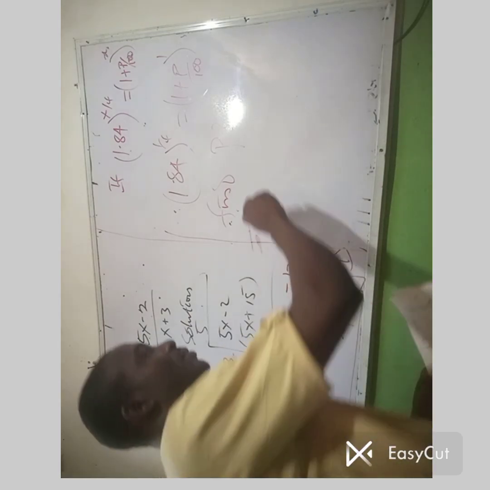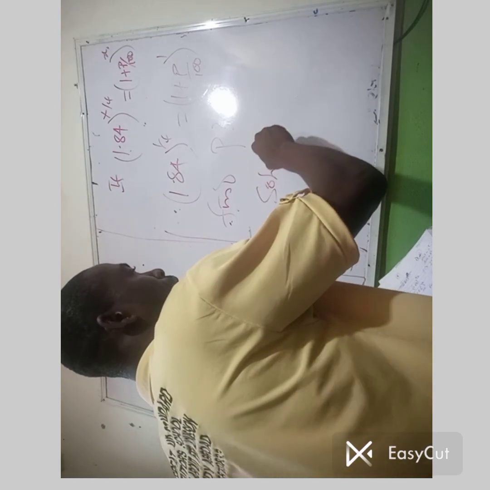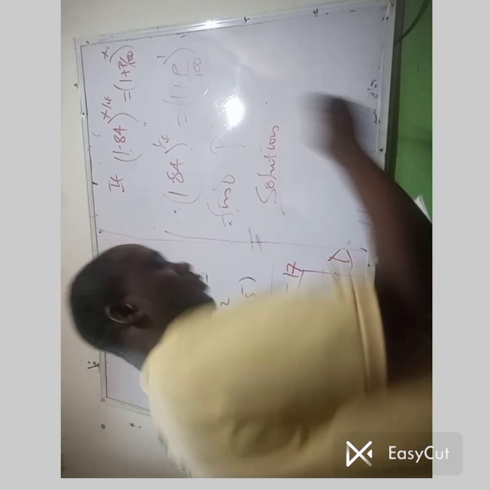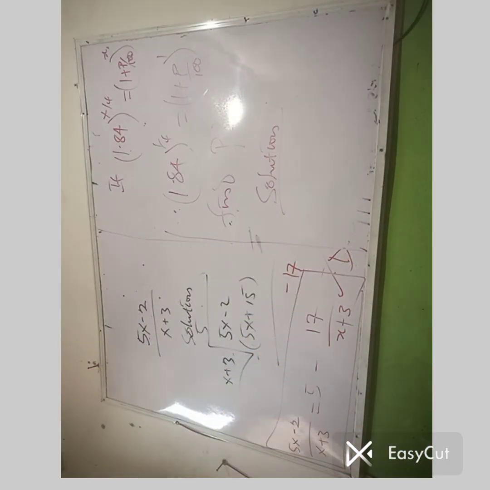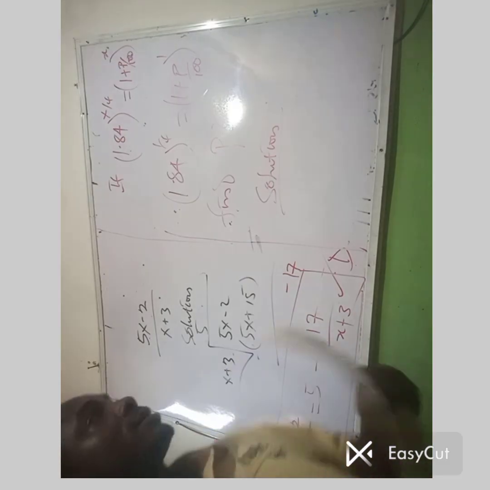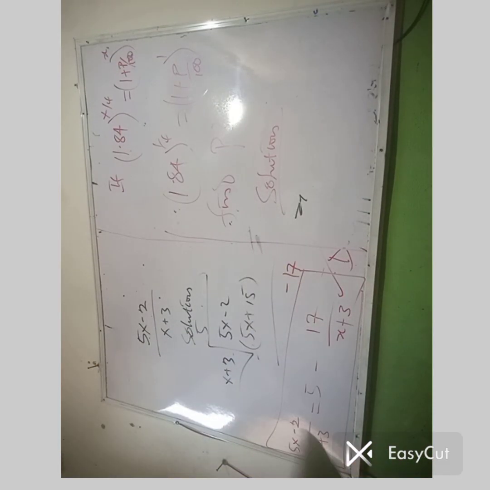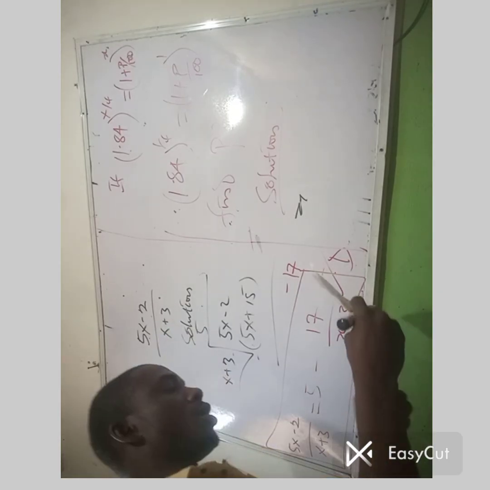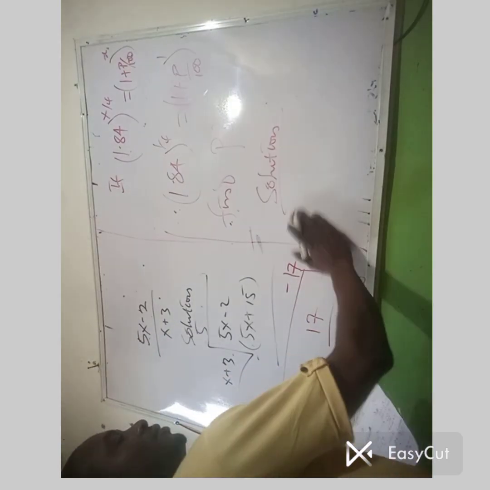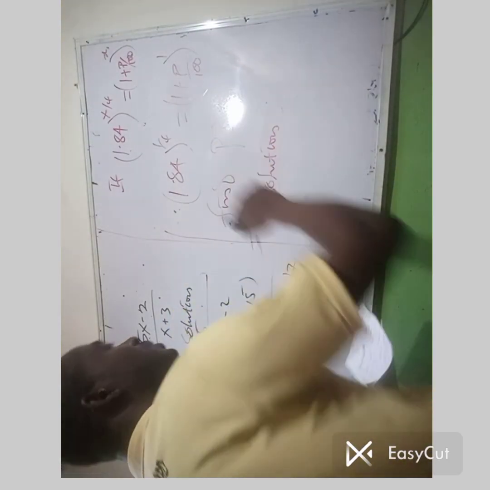Solution. How do you go about this? This one depends on your level of analysis. So now let's go. I have this, then I can equate the two of them.